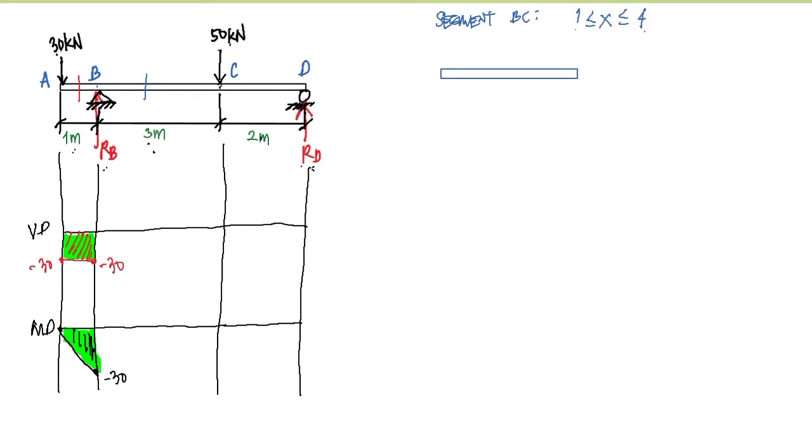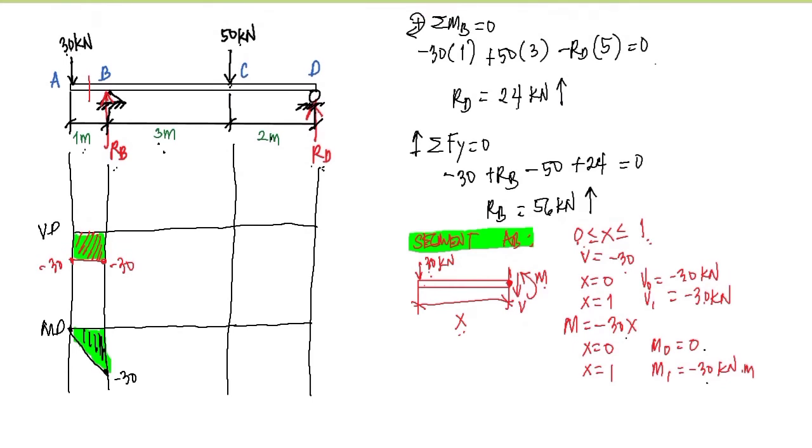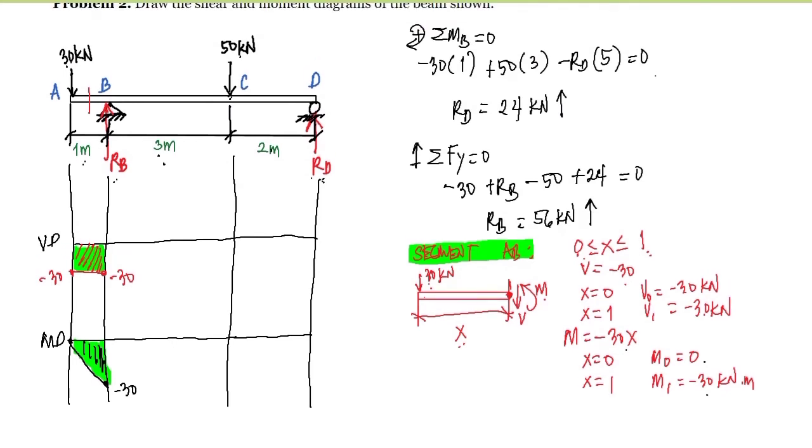Okay, so at point A, we have here 30 kilonewton load, and at point B, we have the reaction RB. So this RB here is equal to 56 kilonewton, and this RD is equal to 24 kilonewton.